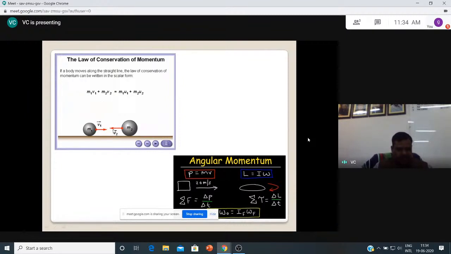If it is moving opposite, you have to put a negative, otherwise a positive. Okay. m1v1 plus m2v2 is equal to m1u1 plus m2u2. So this is how generally we will consider the system. This is the body in translation.